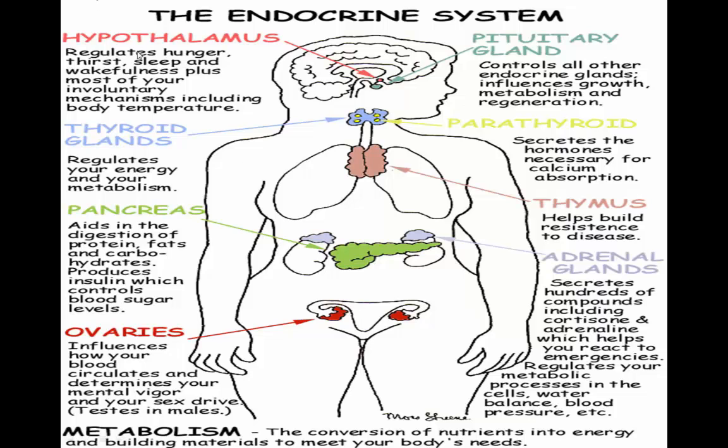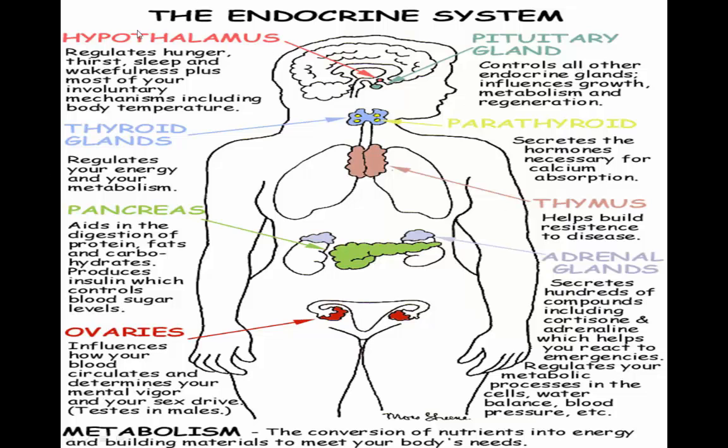For example, the hypothalamus. Remember that the hypothalamus is the control system. It will release all the releasing hormones that will stimulate the pituitary. So it regulates hunger, thirst, sleep, basically all the functions of the rest of the organs by releasing their releasing hormones. Then the pituitary is the one that controls the endocrine and target organs.